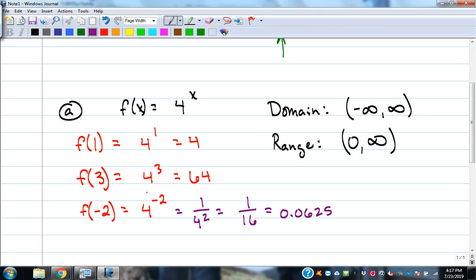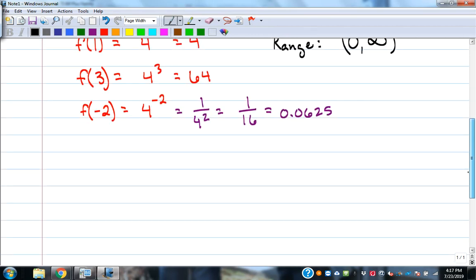So finding function values, being able to just type it straight in the calculator or use that trace function on your calculator is always helpful as well. And it gets you actual values that go with that. Let's look at another one that's got a different base. Let's say we had g of x is equal to 1/2 raised to the x power.